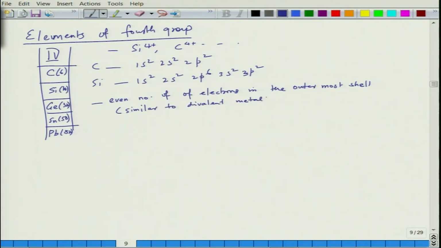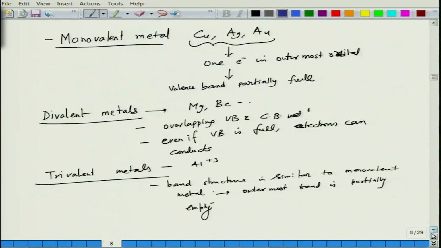This is similar to divalent metals. Let us go back for a brief second. For example, copper has an atomic number of 29 and its electronic configuration is 3d10 4s1. So you have only one electron, which means the bands are partially full. For divalent, for example, magnesium has a structure of 3s2, so you can see that this is an even number.